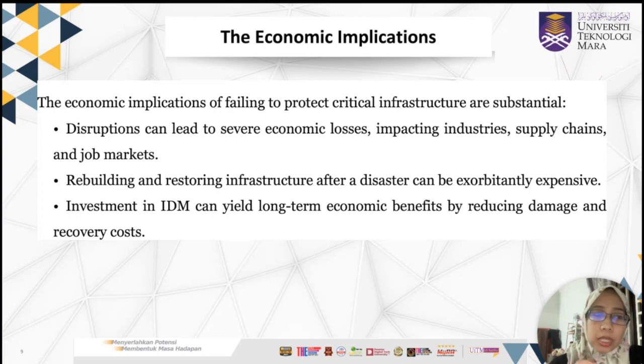Therefore, investment in infrastructure design and management can yield long-term economic benefits, because we have already foreseen the possibility and guarded against it to minimize the damage. All these steps that we have planned, whenever you have a proper plan, can help reduce the economic implication.